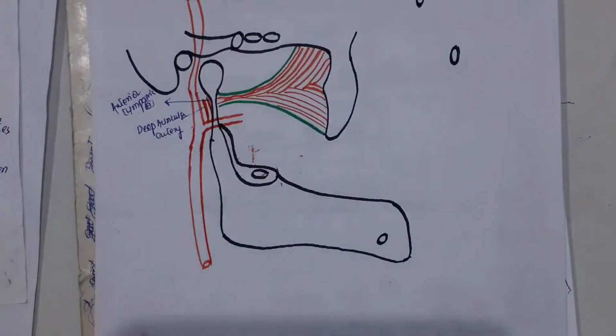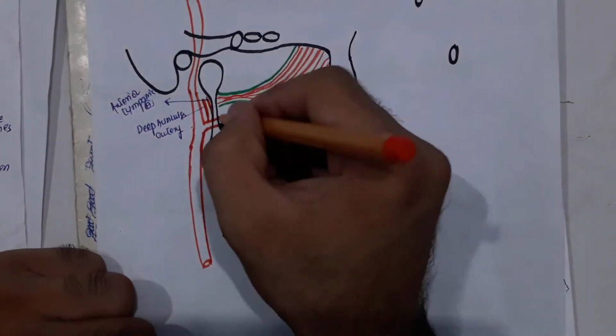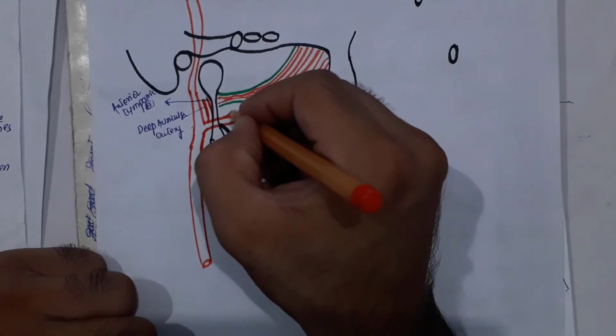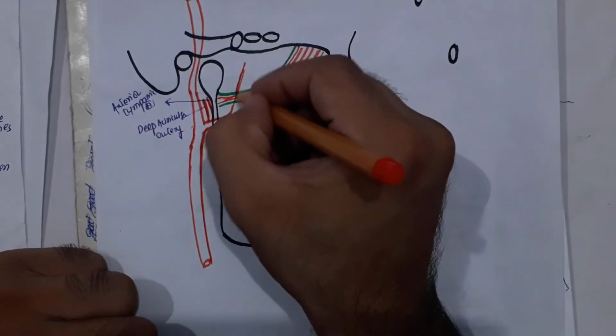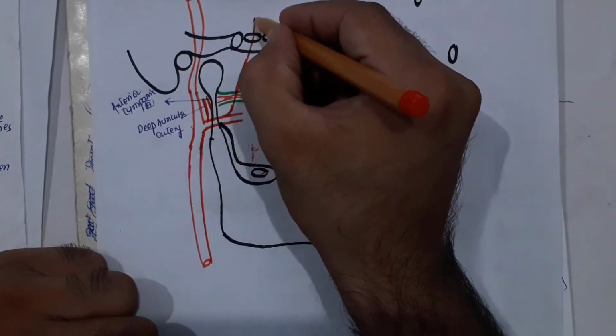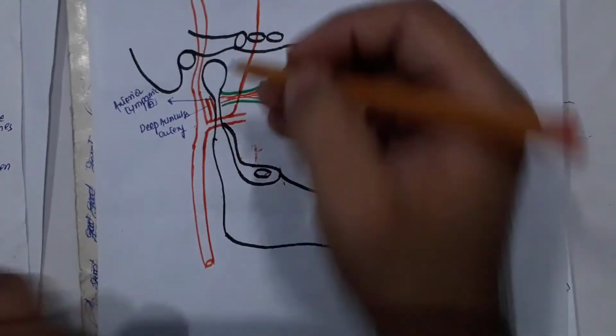Clear, friends? Okay, then there was another branch going through the foramen spinosum, and this artery was called the middle meningeal artery.